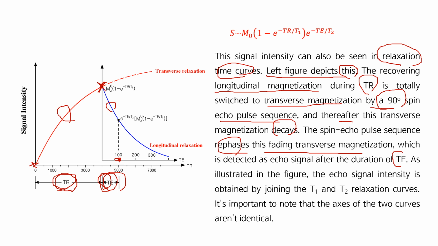As illustrated in the figure, the echo signal intensity is obtained by joining the T1 and T2 relaxation curves. Okay. So you can find echo signal intensity by joining the T1 relaxation curve and the T2 relaxation curve. It is important to note that the axes of the two curves are not identical. So the axis of the T1 relaxation time curve and the T2 relaxation curve are different.